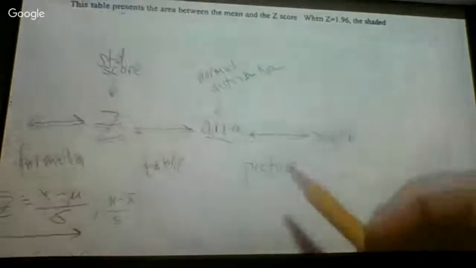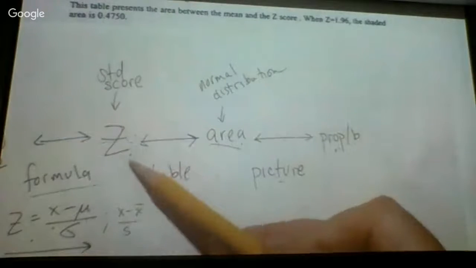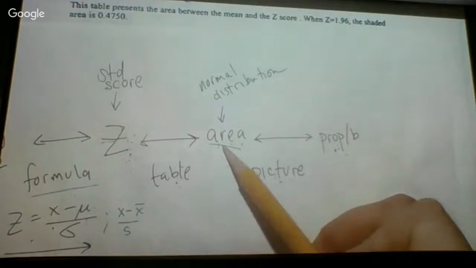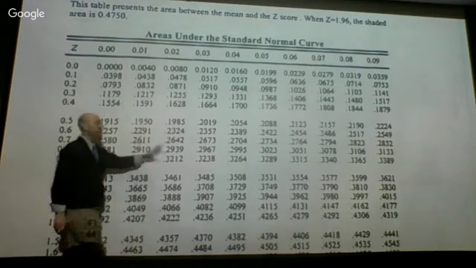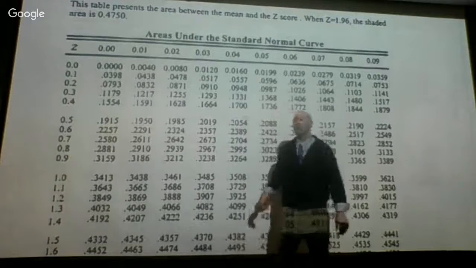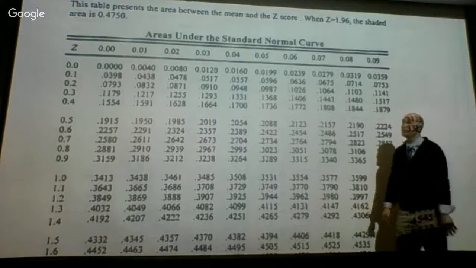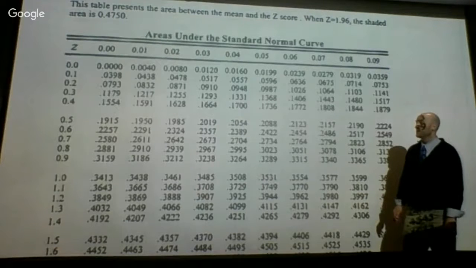Because in this case, we're starting with an area and moving backwards towards the Z-score, not from a Z-score to an area. So in this table, somewhere in these areas, if I can't find 0.3000, I need to find something close to it. Can it be where it's on Z, where it's 0.8, and then all the way over to 0.04?